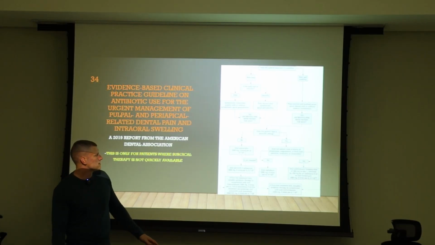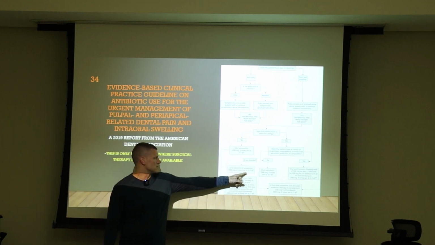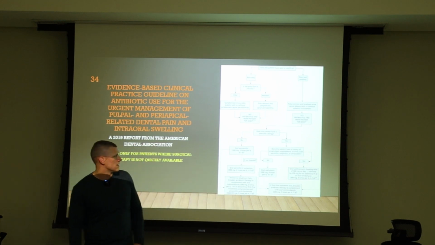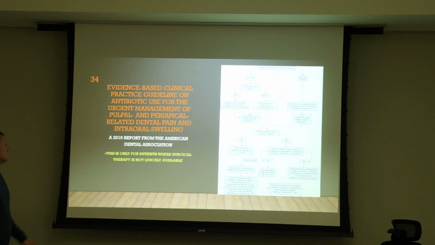The other thing to note is that they have pretty short courses, so 3 to 7 days, 7 days, things like that. So this is only whenever surgery is not a quick option. So basically if it's over a week out, that's whenever I would consider doing antibiotics.